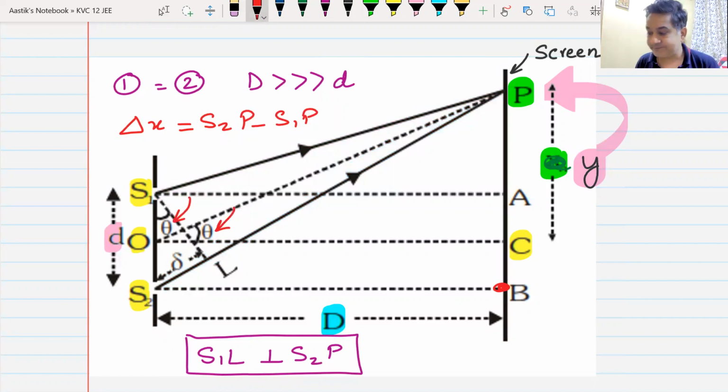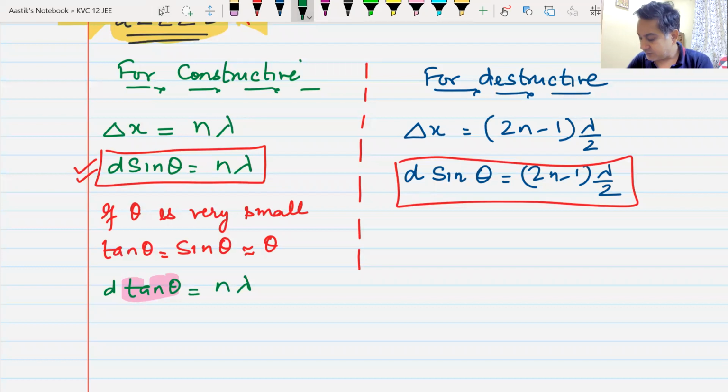Yes or no? From here, you can find out the value of tan theta. Tan theta will be perpendicular divided by base. Perpendicular is y, base is D. So we have the formula for tan theta in the approximate condition. It will be y by capital D.